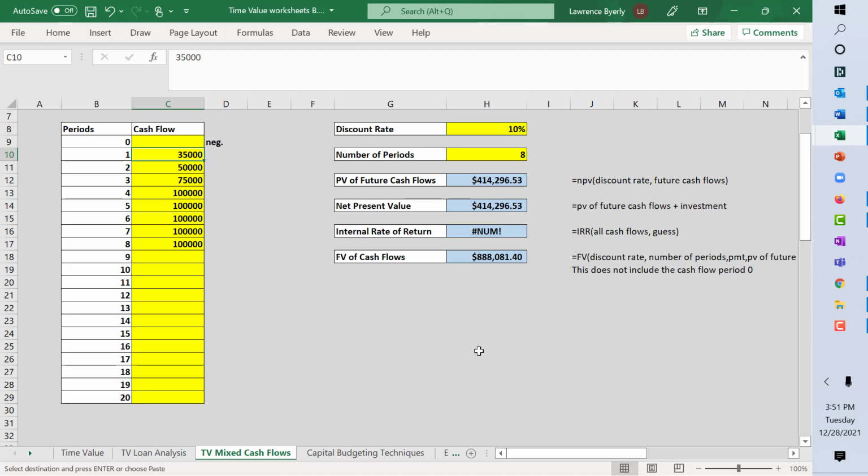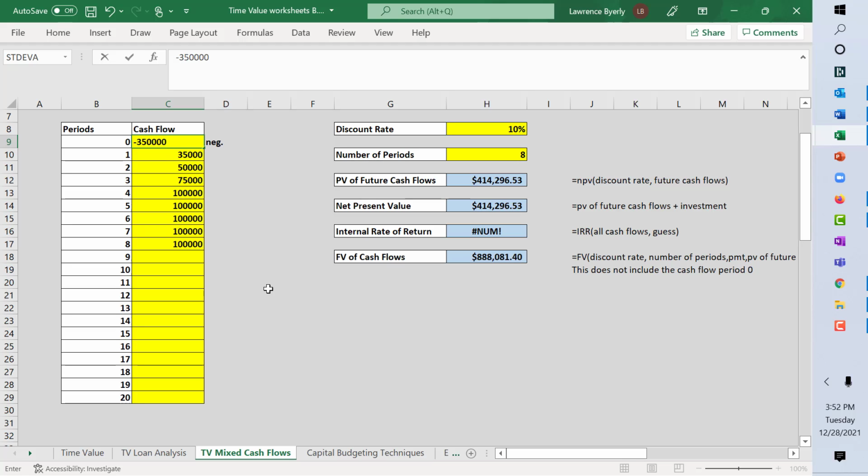Now, one other question, it's a little bit ahead of the curve here, but we can do what's referred to as a capital budgeting analysis. Let's say that this project is going to cost us $350,000.